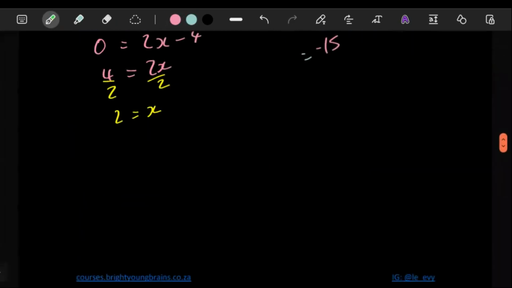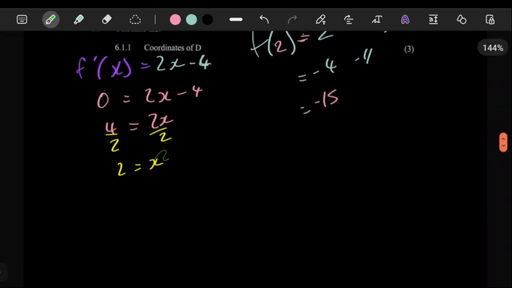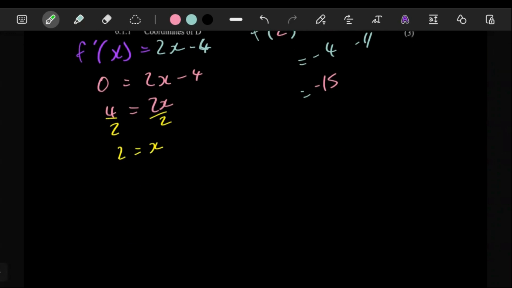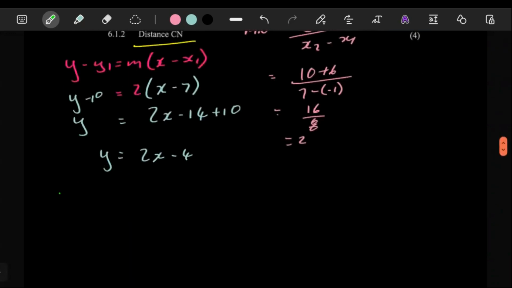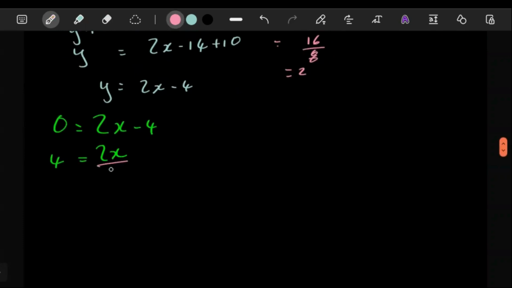So now we can get C. We can make y a 0 in the equation to get the x-intercept. So 0 equals 2x minus 4, the 4 goes over, divide by 2 on both sides, and you have x is equal to 2.